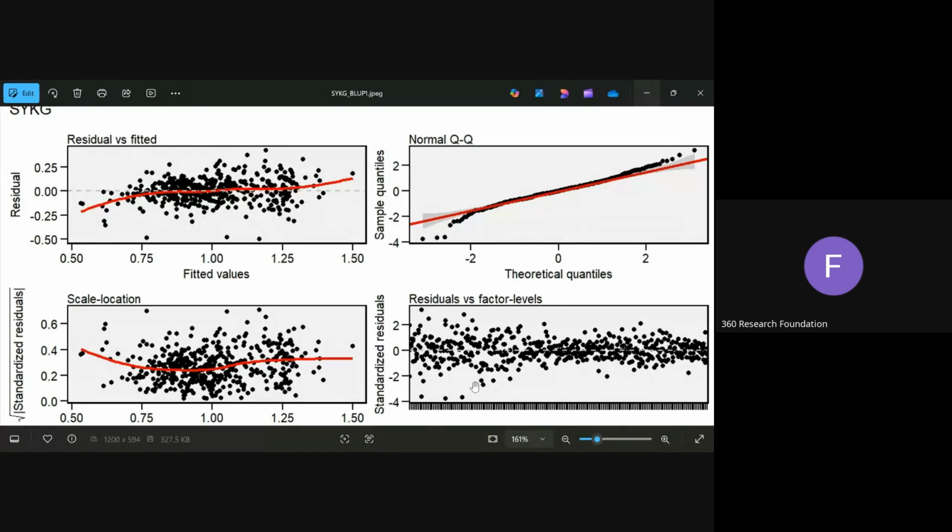Whatever the factors are on the x-axis, the data points should be spread across all of them. If the residuals are balanced, some on the positive side and some on the negative side for each factor, then that model is called a fair model, meaning the model is performing well.